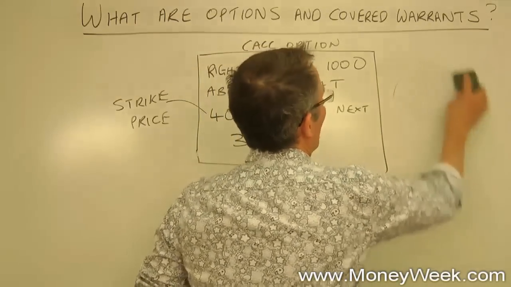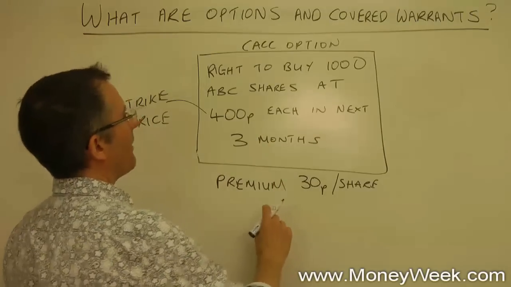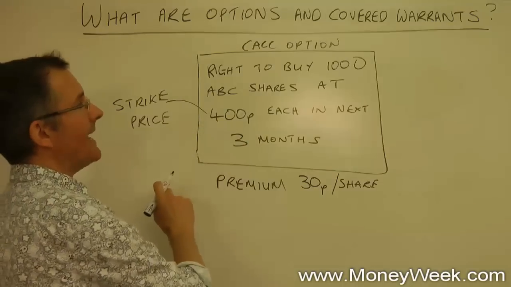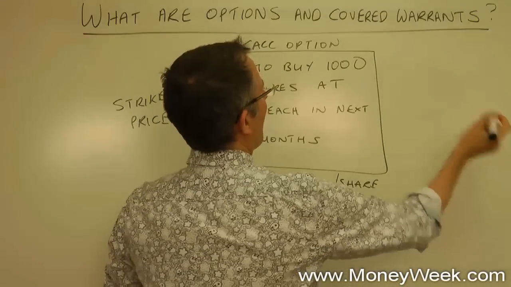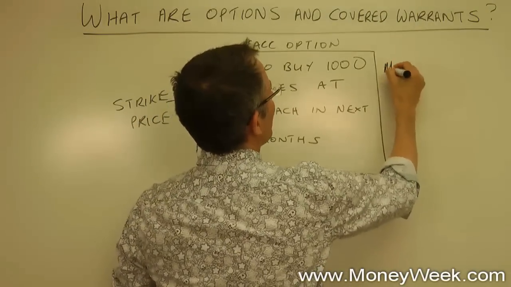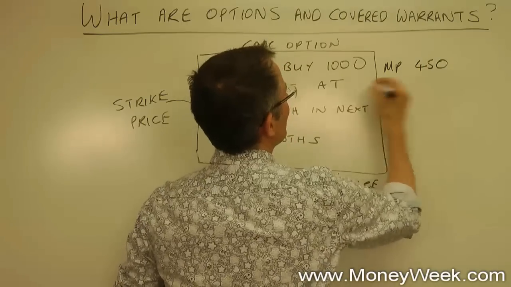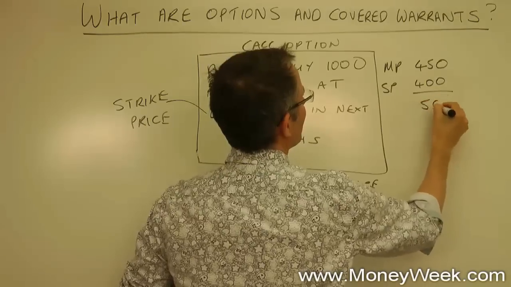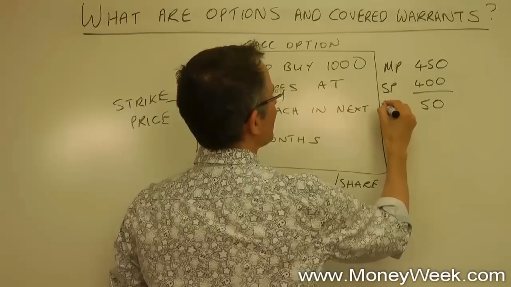The holder of the option basically says to me, Tim, I want 1,000 shares for £4 each, and I deliver them for £4 each, let's say. They sell them straight away at the market price of £4.50. So the market price, £4.50. The strike price on the option was £4. So by demanding those shares off me, they're 50p per share up as a profit.